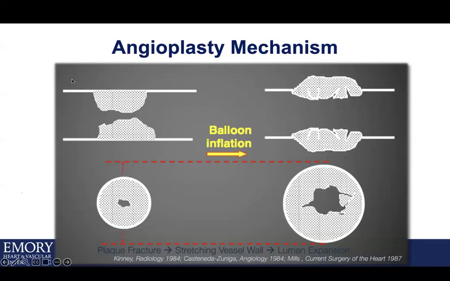What happens is when you inflate the balloon here, this fibrotic or calcified plaque will get pushed outward, and the vessel will stretch, and it pushes the plaque outside, as you see here. And so the plaque has moved to the outside. And at the same time, it can cause dissections in the plaque, and sometimes it can cause dissections even in the healthy segments above and below the lesions.